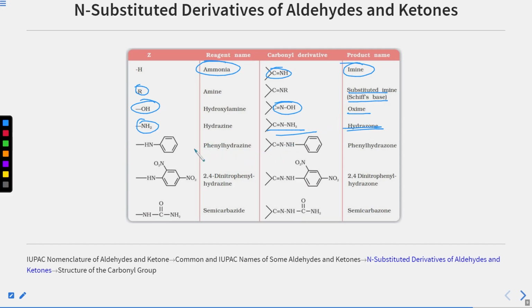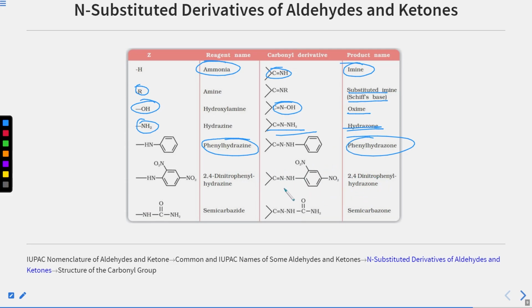Clear? Again, we have this phenylhydrazine. If you are replacing this H with a phenyl group, that is phenylhydrazine. So this is very important. Phenylhydrazine is important.